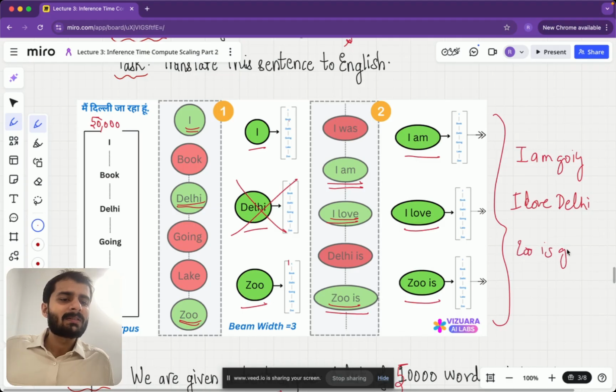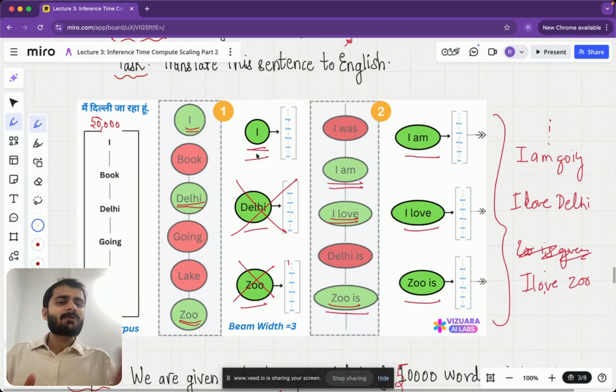We select these. Or let's say the third one is I love zoo. So now you can see here that zoo is not coming anywhere first, so this means that we can eliminate zoo, and now we fix our first word, which is I, and then this process will continue till we have translated the entire sentence. So beam search is essentially a technique.